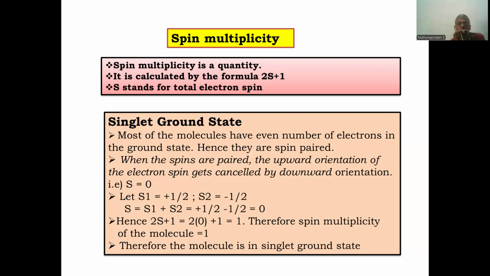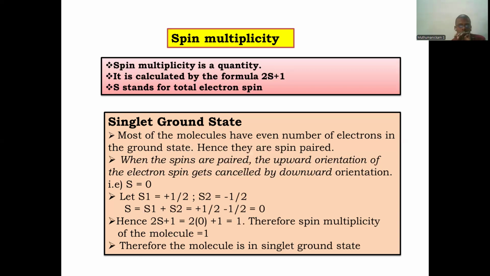Most molecules have an even number of electrons in the ground state. According to Hund's rule and the basic idea of electrons, most of the electrons are paired, that is, spin paired in the ground state. When the spins are paired, the upward orientation of one electron is cancelled by the downward orientation of the other electron's spin.